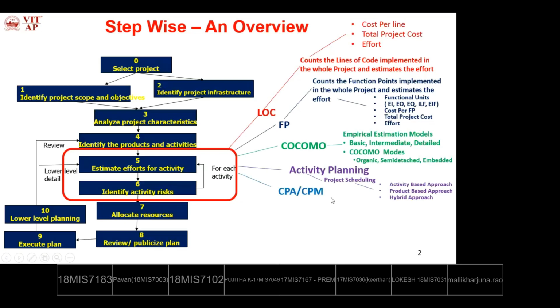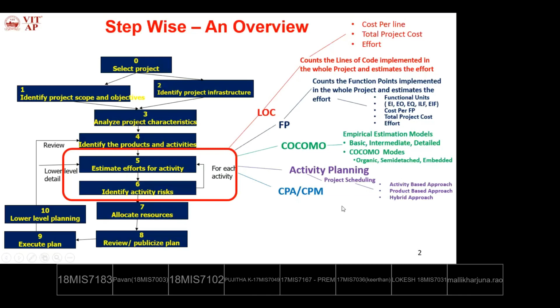Next, the methodology is critical path analysis and critical path method. In activity planning, the various project tasks or activities are scheduled from day 1 to day n, according to the deadline given by the client. We have to finish the activities by those deadlines only.